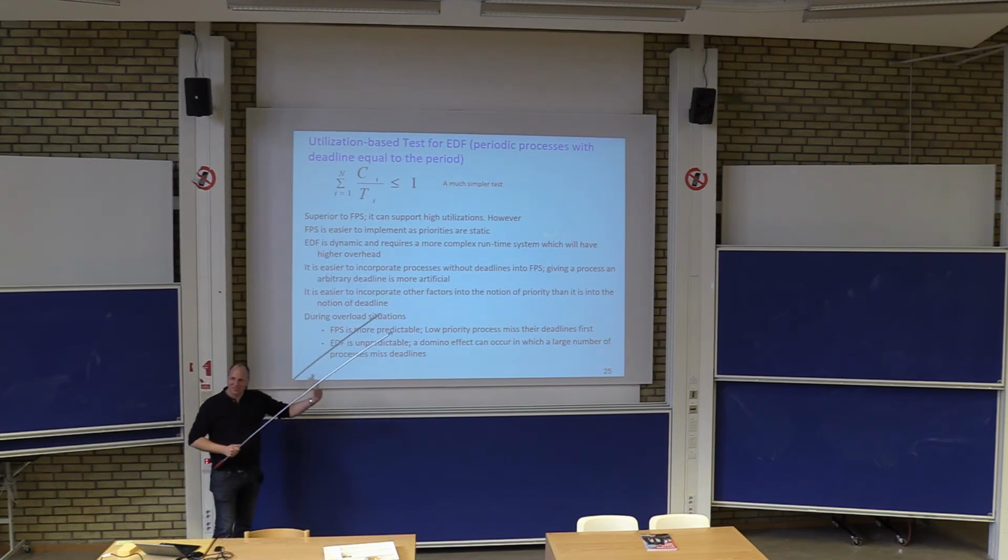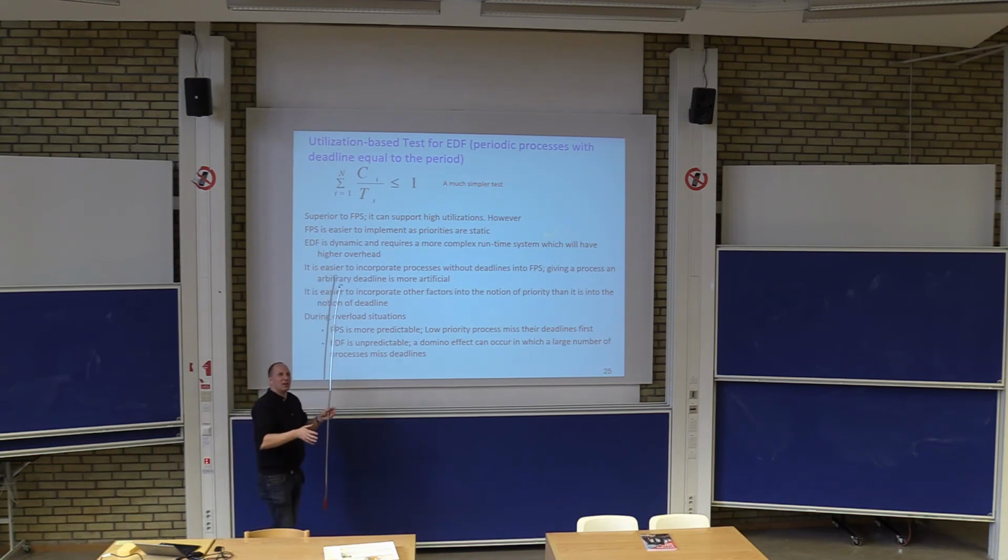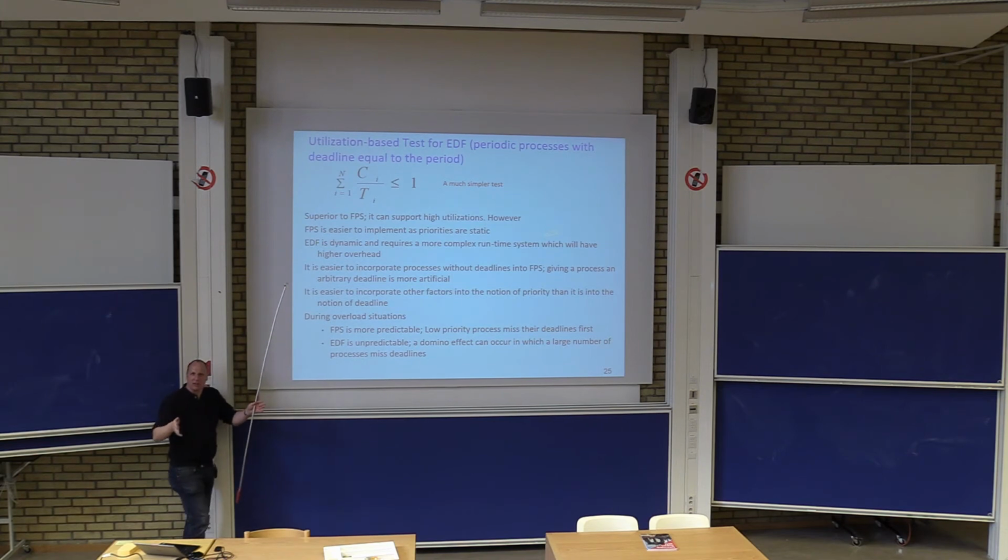If you have deadlines, then in some sense it would make sense for you to just tell the operating system what the deadlines are. But if you do not really have the deadlines, then it might just be better to use these priorities, based on, for example, the periods that you have. So you assign the priorities based on the periods.